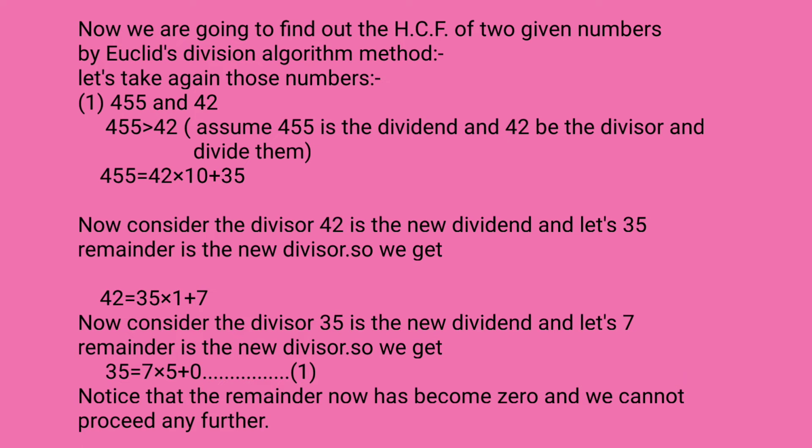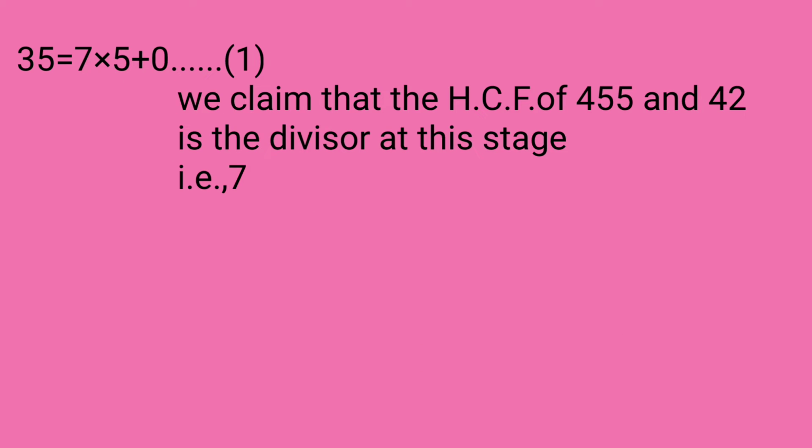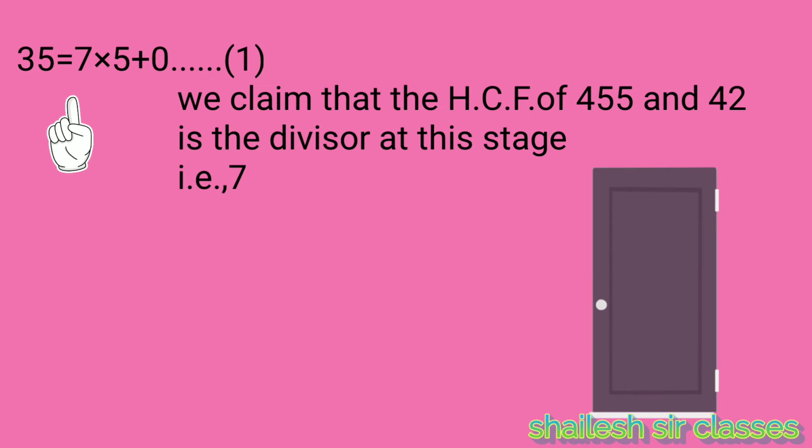The equation we have got is 35 equals 7 into 5 plus 0. We claim that the HCF of 455 and 42 is the divisor at this stage, that is 7, because here the remainder has become 0.